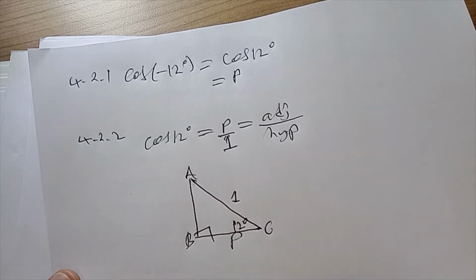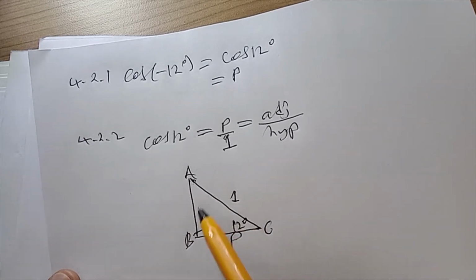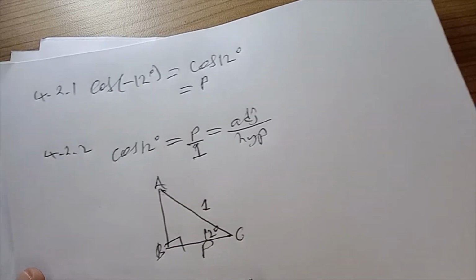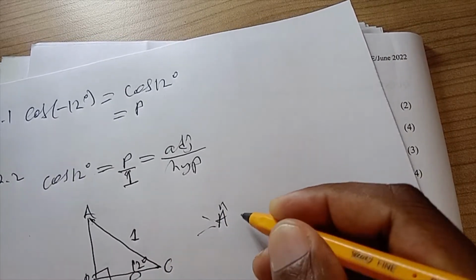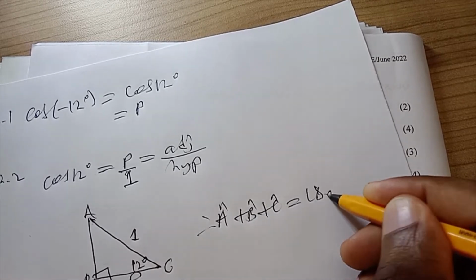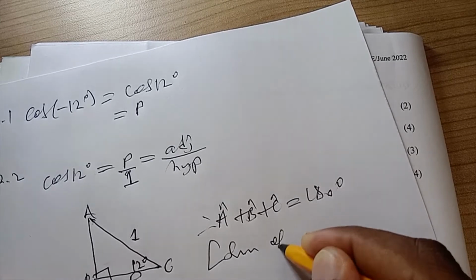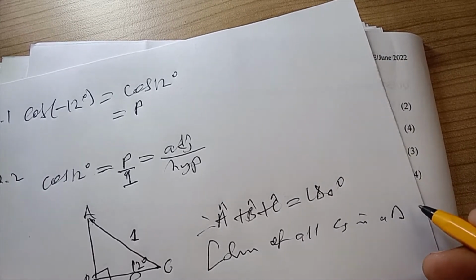For us to get angle A, we know that the sum of all angles in a triangle should give us 180 degrees. And then we can start by saying, therefore, angle A plus angle B plus angle C should give us 180 degrees. The reason is the sum of all angles in a triangle.